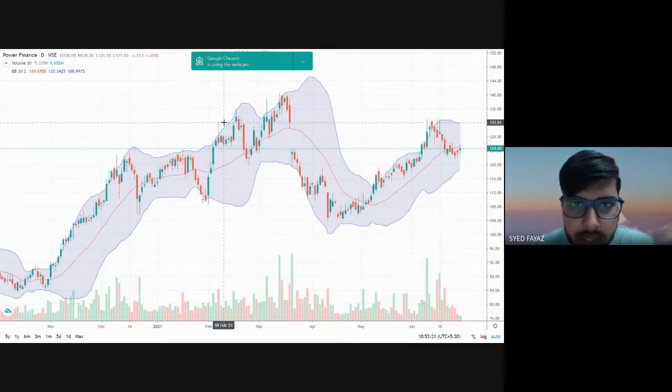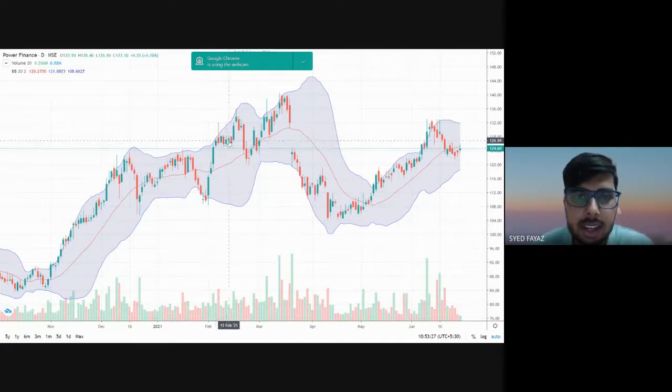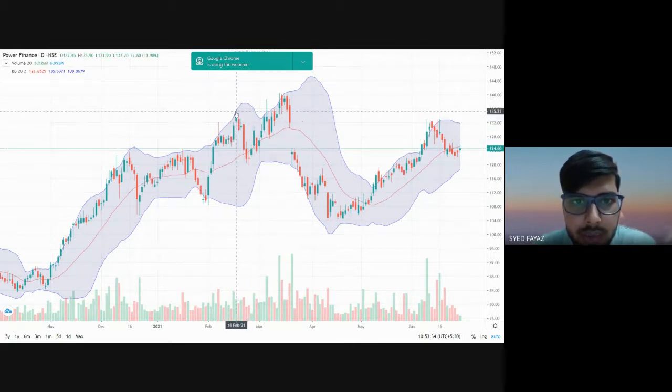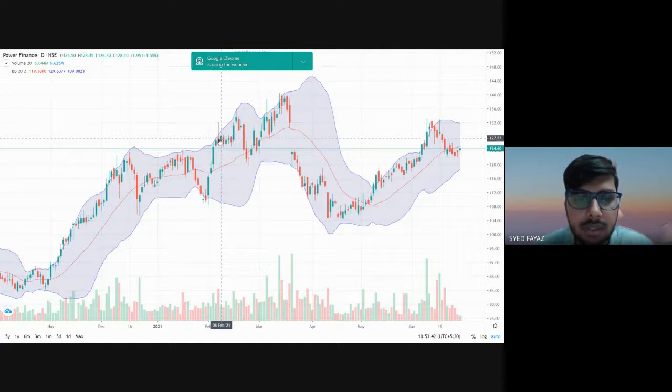As you can see over here, after reaching 132, it has again come inside the band, and again it has gained some volume, and again it has risen. Again, if you can see over here, this is an inverted hammer. But there is no confirmation that it might give a bearish pattern.